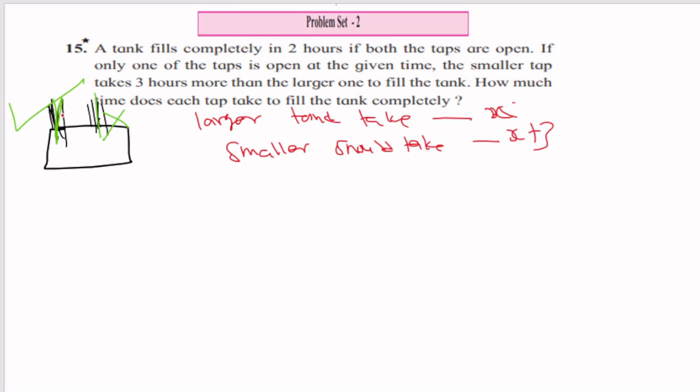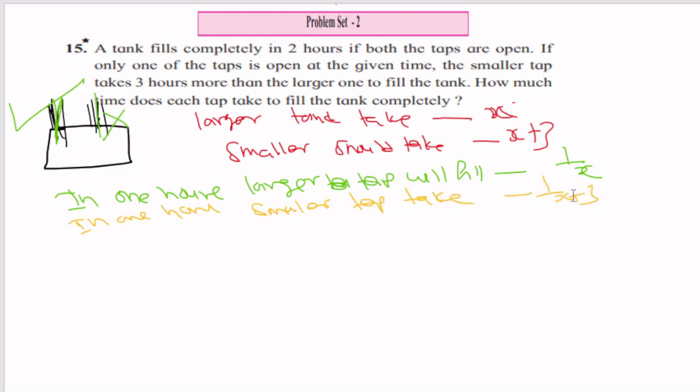So in 1 hour, how much of the tank is it going to fill? The larger tap will fill 1 by x portion of the tank in 1 hour. Similarly, the smaller one will fill 1 upon x plus 3. Now the condition which is given first says that both together, that is 1 upon x plus 1 upon x plus 3, will fill this in 2 hours, so the reverse of that, 1 upon 2.